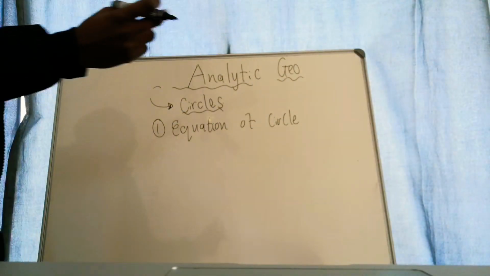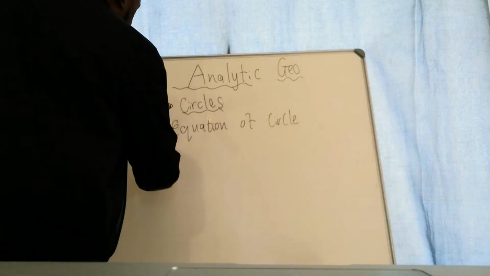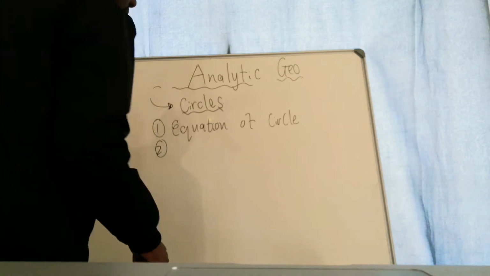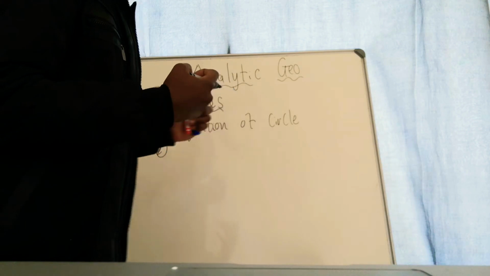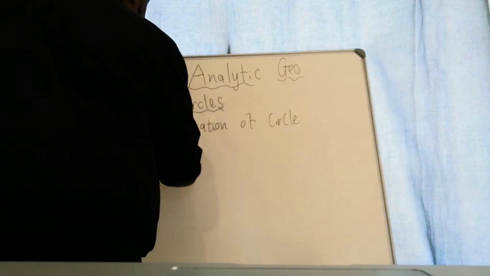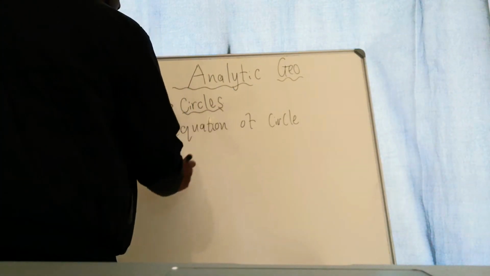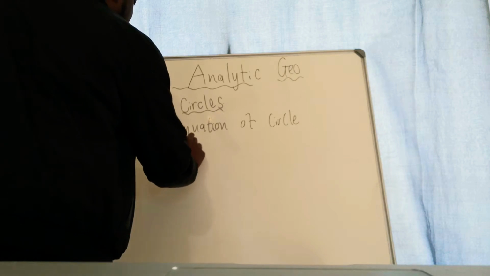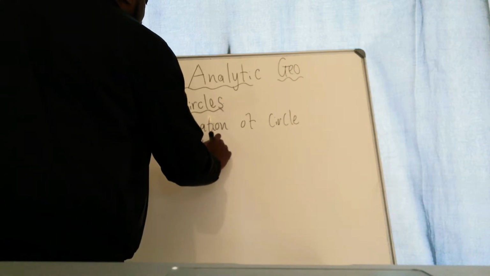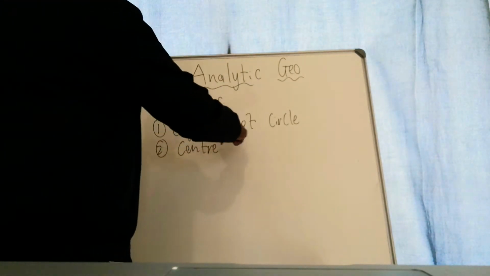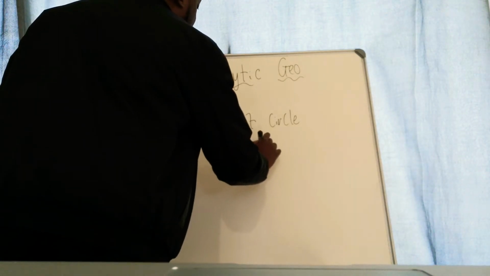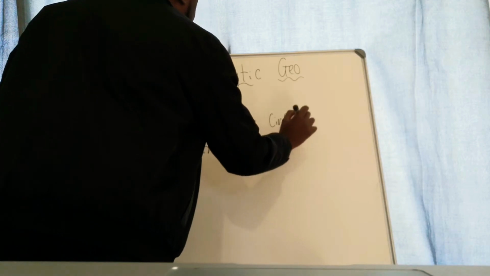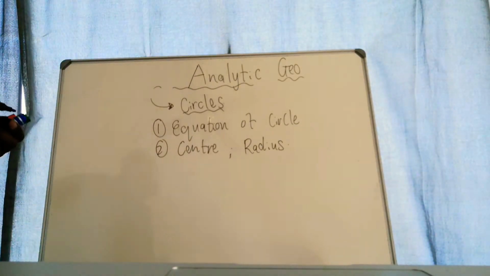And the second segment of the video, we'll be looking at how, from the equation of the circle, we find parameters like the center. How do we know what are the coordinates of the center just from the equation? And how do we know the radius? How do we find the radius from the equation, right?